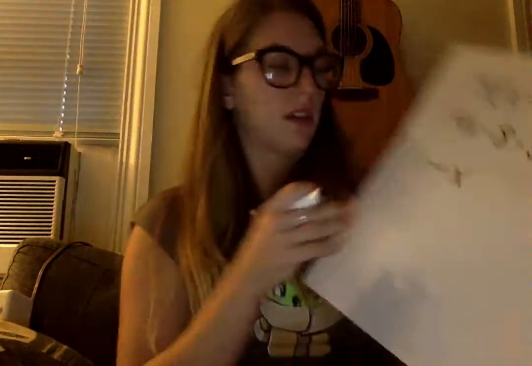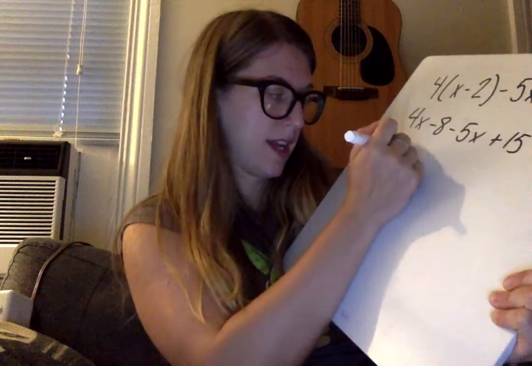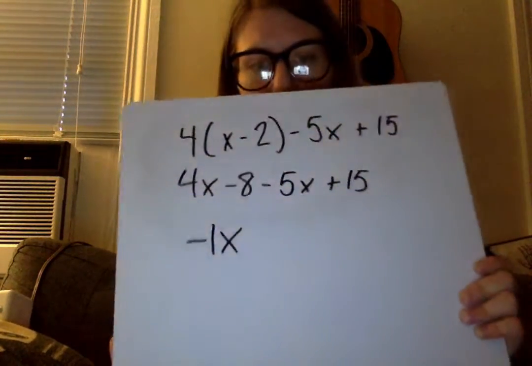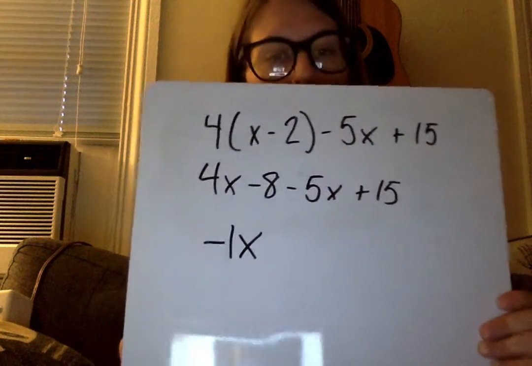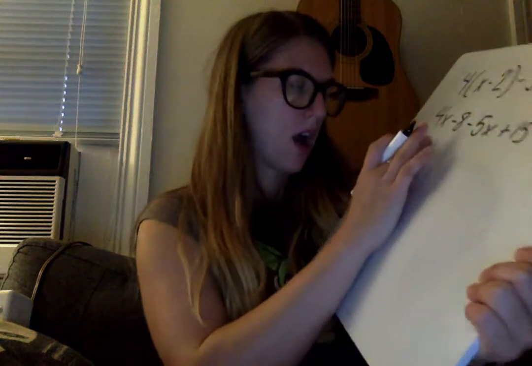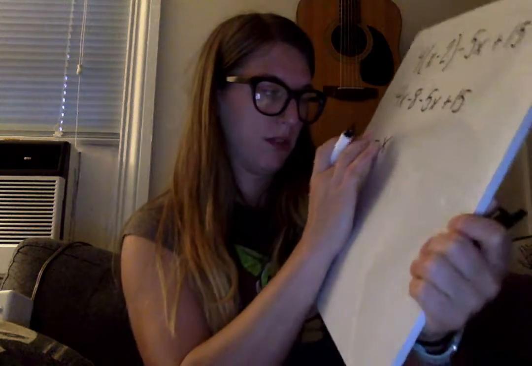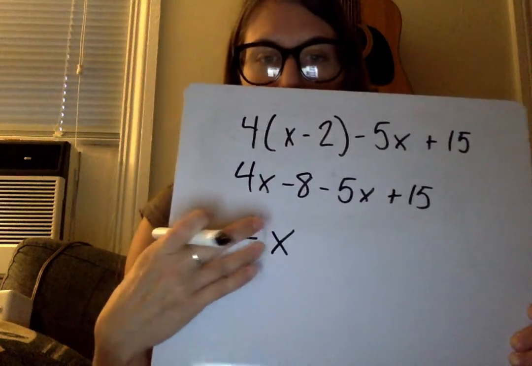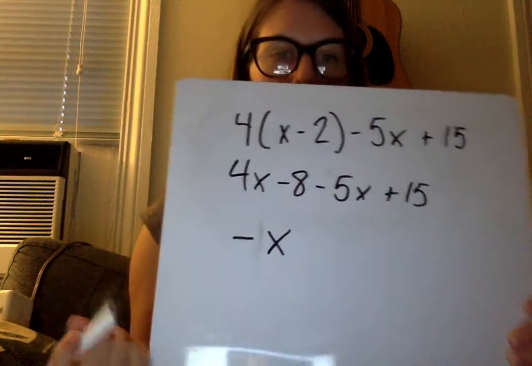If you put negative 1x, I would never ever take points off for that. I think that would be a silly thing to do, because negative 1x and negative x are literally the same thing. I like to keep things as simple as possible, so I do it without the 1. But if you write the 1, that's totally fine.